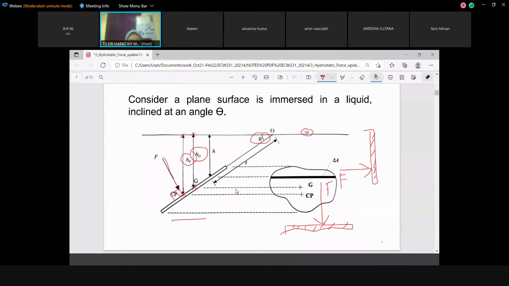Let's say for example, this is the free water surface. You ada this immersed object. Okay, so you boleh calculate saja terus dia punya nilai HP ataupun nilai HG.